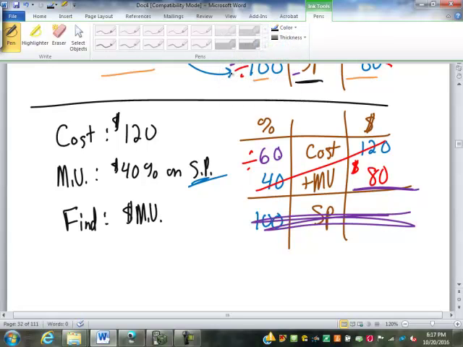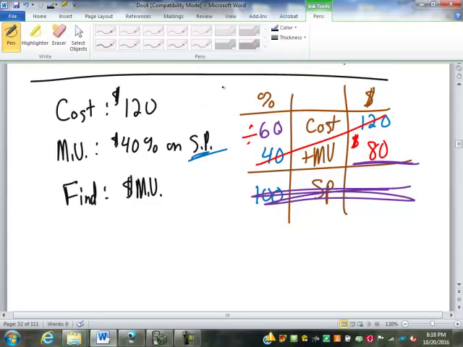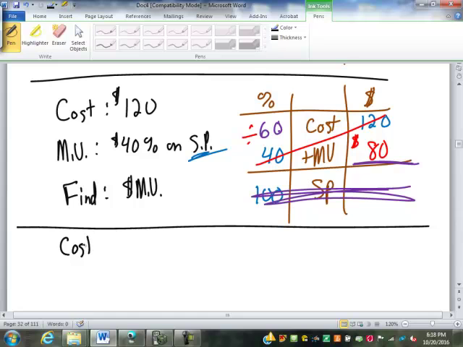Any questions? So let's say our cost is $240. Our selling price is $60.